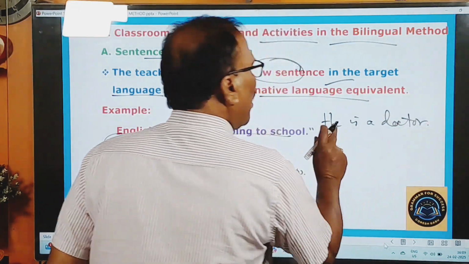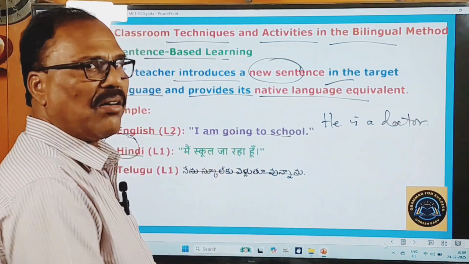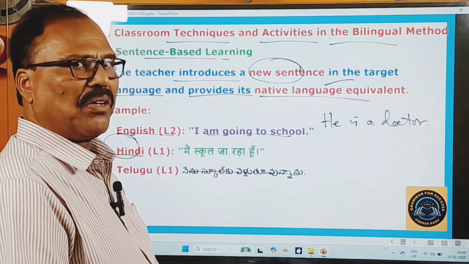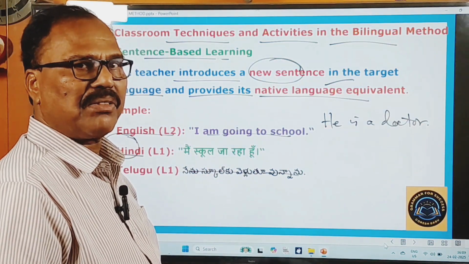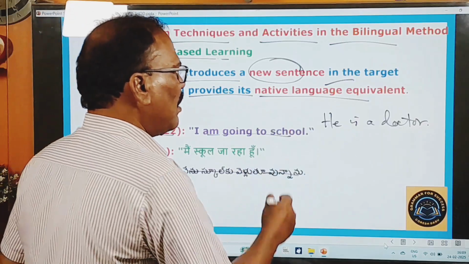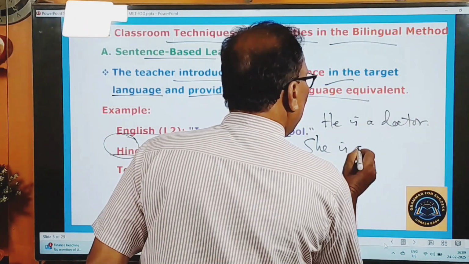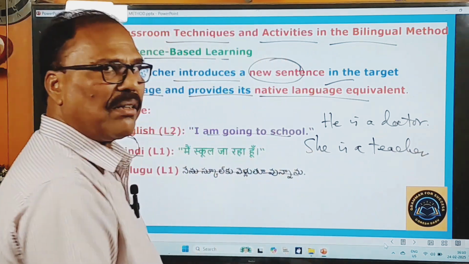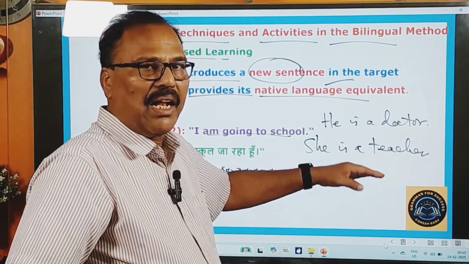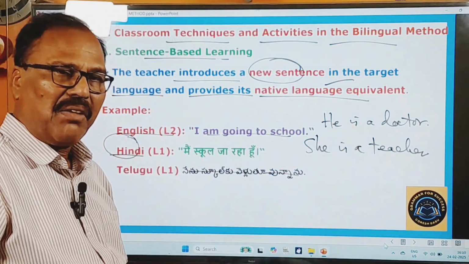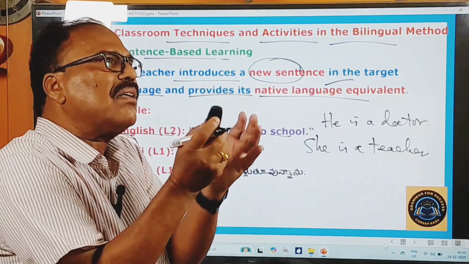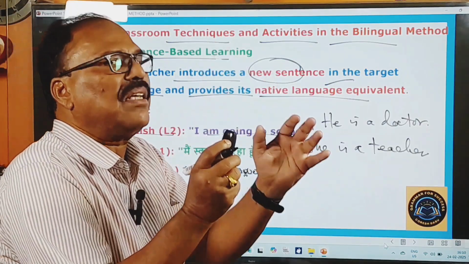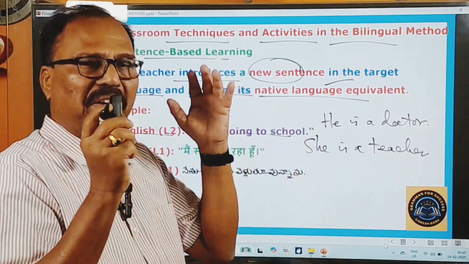Simple. Atadu oka doctor, waha ek doctor hai. Whatever the L1 language may be. Yes, she is a teacher. Aame oka teacher. If an English sentence is given like this and side by side the Telugu meaning is given, the students can learn the target language easily, successfully and very fast.